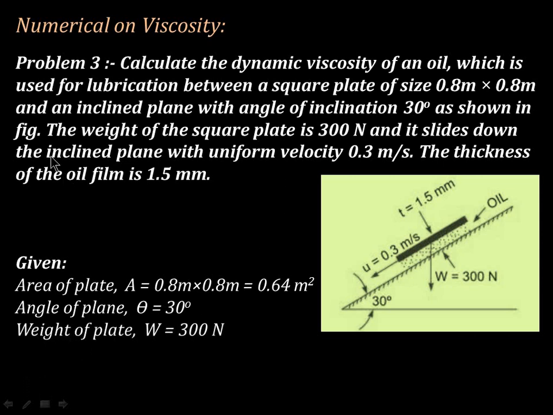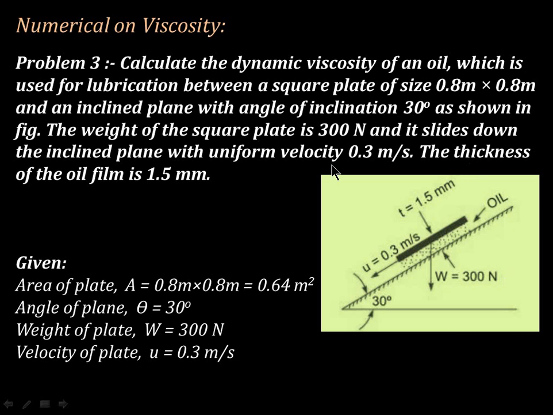Weight of the plate: the weight of the square plate is 300 Newton and it slides down the inclined plane with uniform velocity 0.3 meter per second. So the velocity of the plate, the velocity with which the plate is moving, is given as u equal to 0.3 meter per second. This square plate has a weight of 300 Newton.